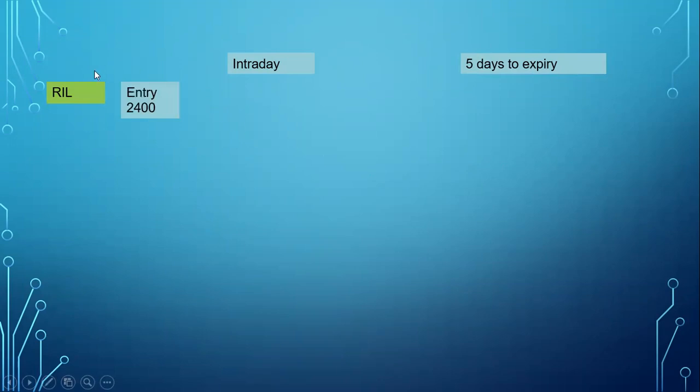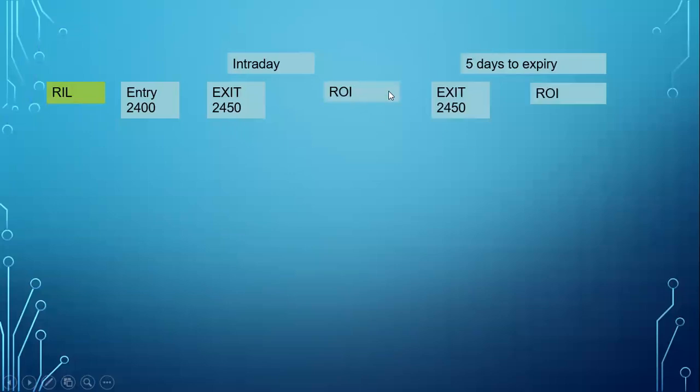Okay. So we are entering at 2400 and we are exiting when Reliance reaches 2450. Same thing we are going to see what happens when we exit intraday and what happens when we exit when there are 5 days remaining to expire.